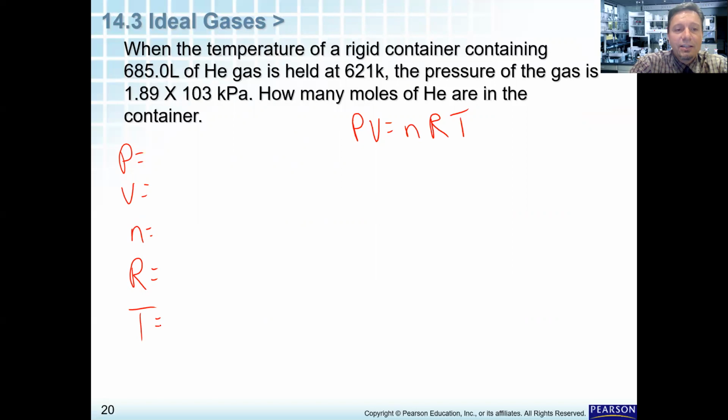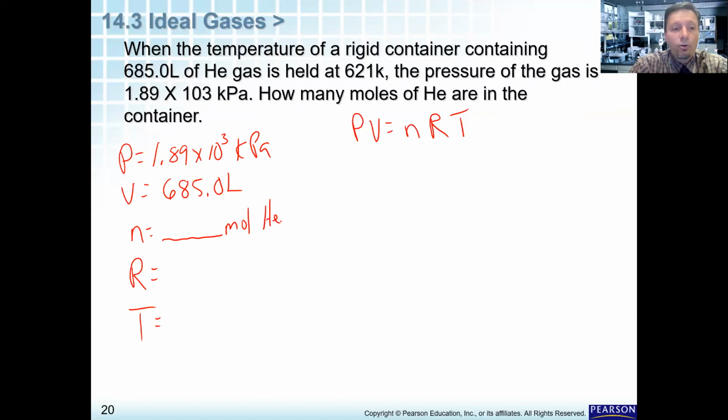My pressure, it says here, is 1.89 times 10 to the third kilopascals. It says my volume is 685.0 liters. I am calculating here blank moles of helium, so that's what I'm solving for.